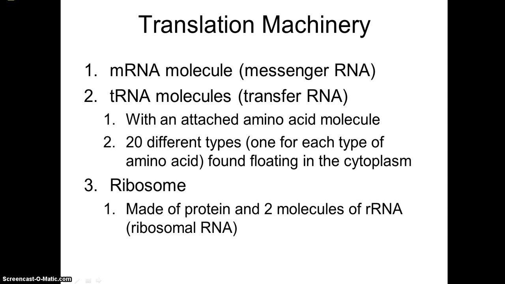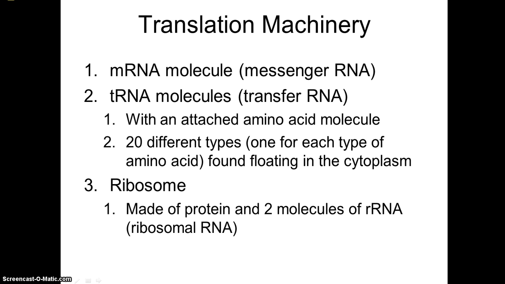We also need probably hundreds, if not thousands, of tRNA molecules. There's about 20 different types. Actually, probably a little more than that, but there's 20 different amino acids that are found on the different tRNAs, and they're floating around in the cytoplasm.